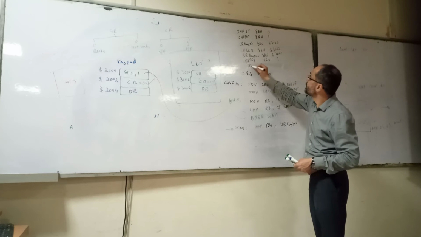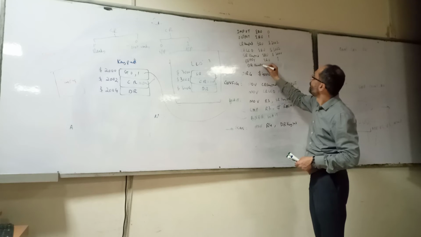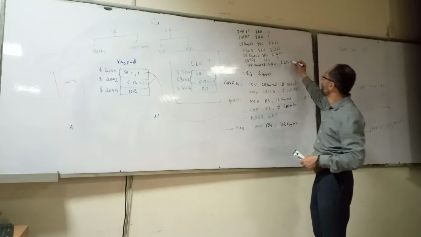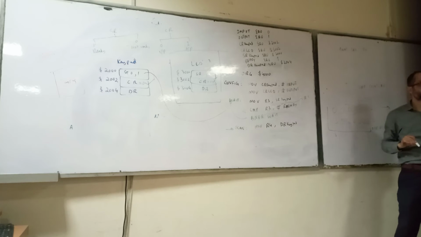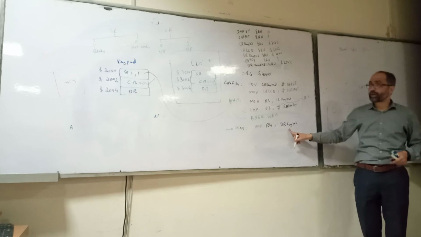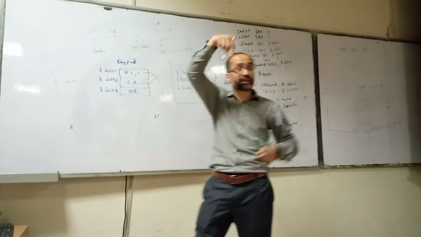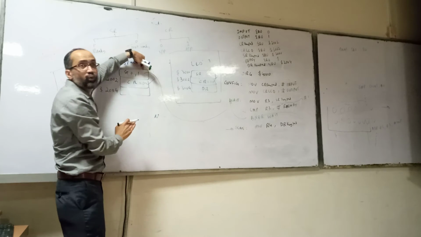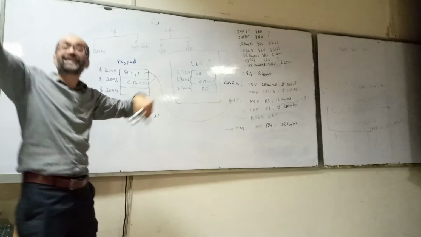We can define it as DR keypad echo, keypad echo 2004. Whatever key is pressed, its key value comes in here. So when SR is 1, it means a valid key has been pressed.